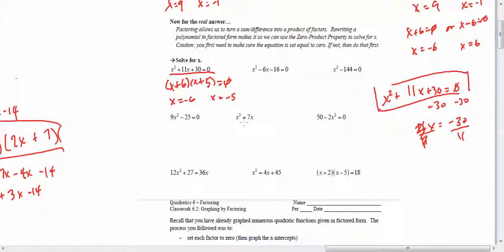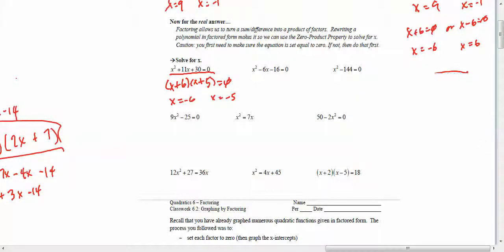And the cool thing is this. I can take negative 6 and plug it into here, and I'll show you something cool. Watch. If I take negative 6 and plug it into my original equation, x squared plus 11x plus 30, what is negative 6 times negative 6? Because I'm replacing all the x's with negative 6. Positive 36.